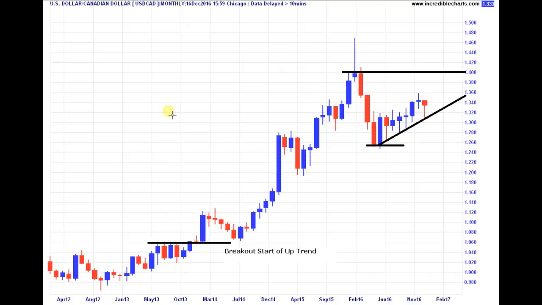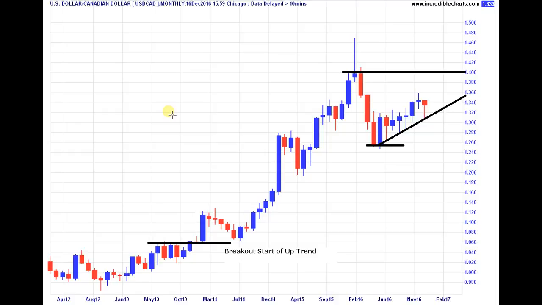In this video we'll be looking at getting in on the bigger trend on significant retracements in a couple of pairs at levels that offer really good risk to reward. The two pairs I'm going to look at today are USD/CAD, which is up on the screen now, and AUD/USD. I'm going to use a longer term chart.